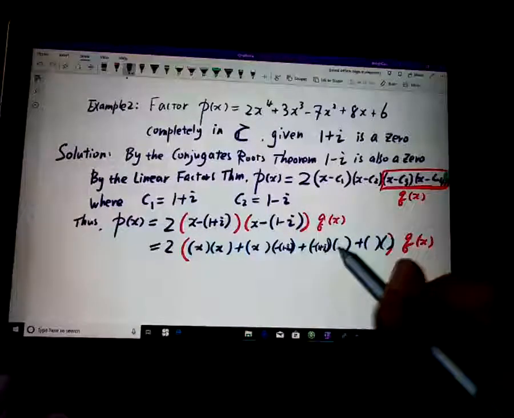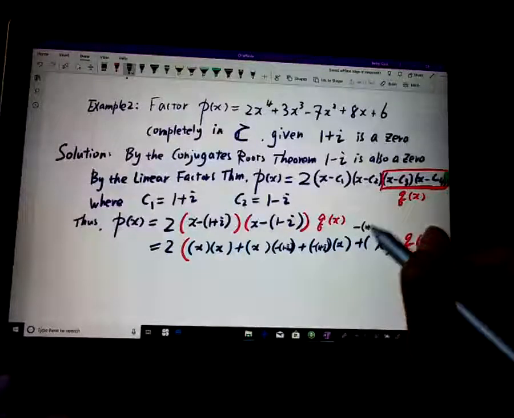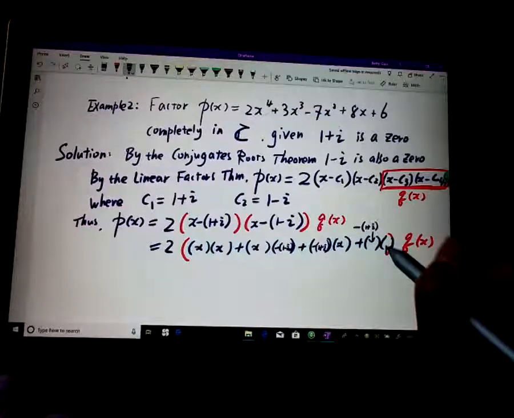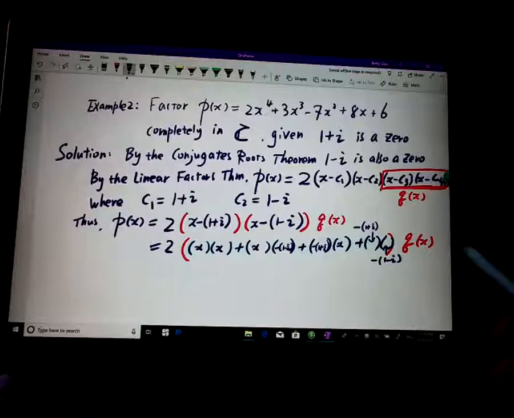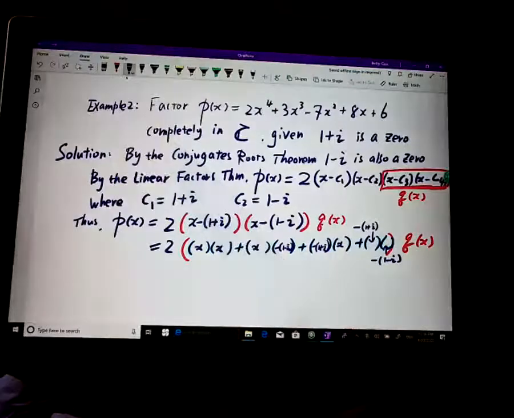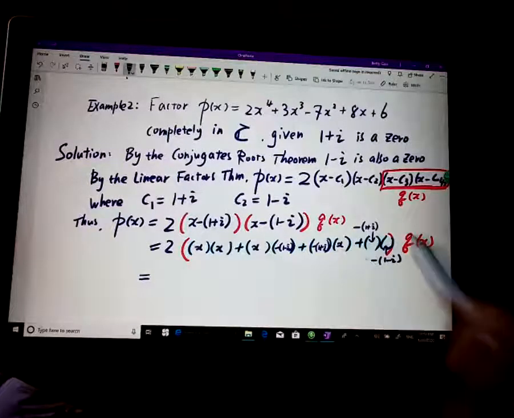Here we have negative 1 plus i, and here we have negative 1 minus i. Okay? Sorry about that, they are put too close together.